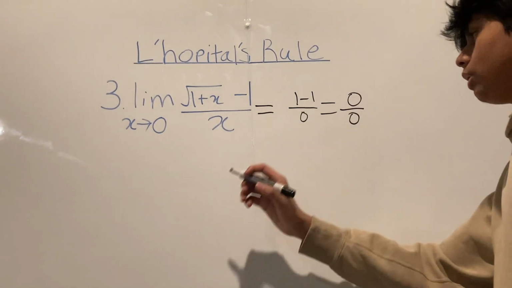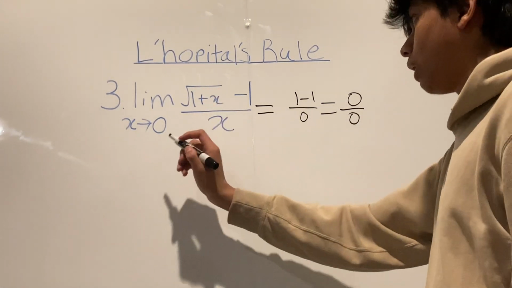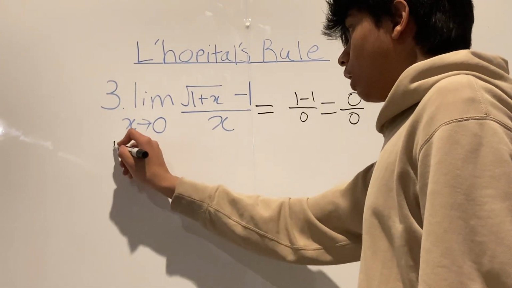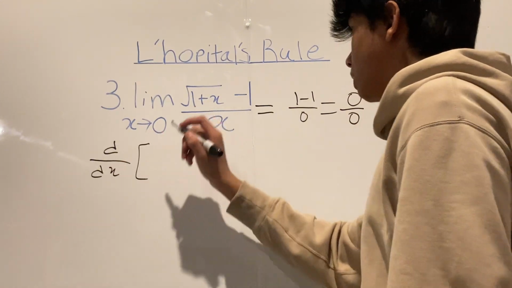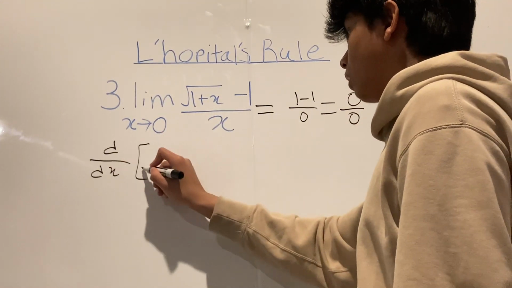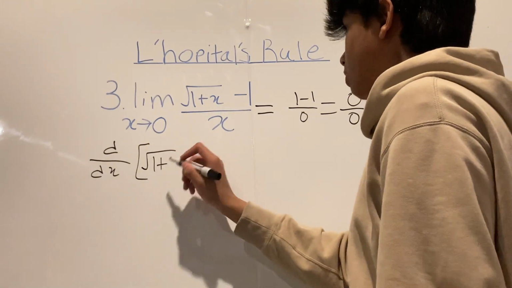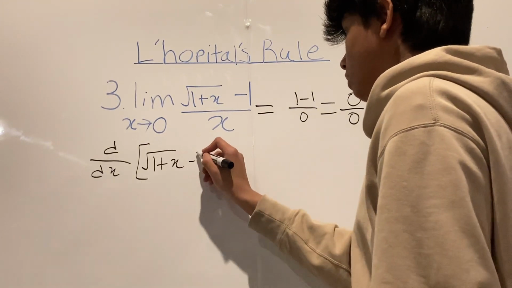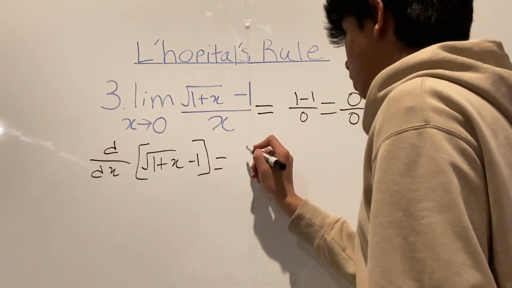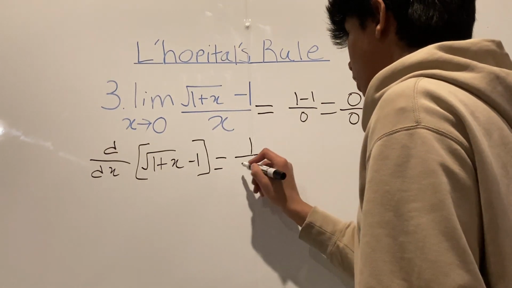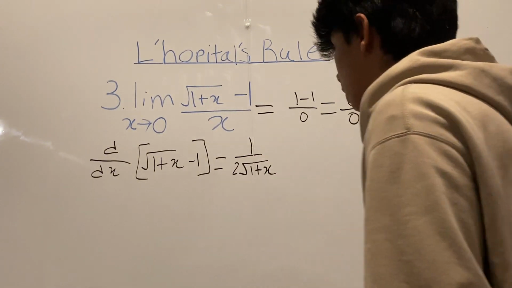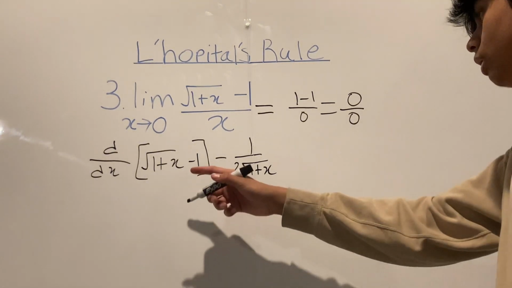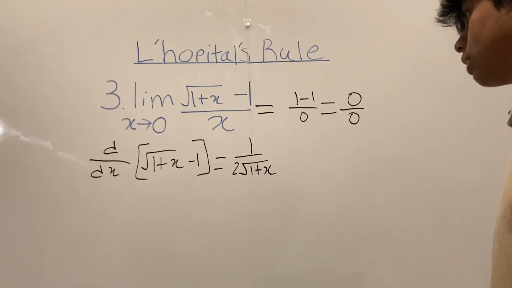So now let's use this rule again. So the derivative of square root 1 plus x minus 1 is just going to be 1 over 2 square root 1 plus x. And the derivative of negative 1 is just 0 because it's a constant.